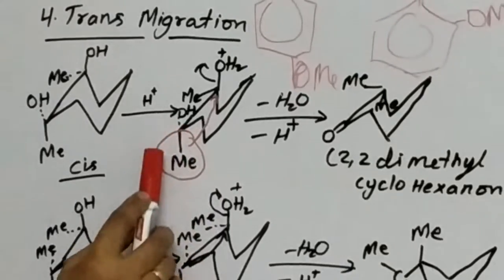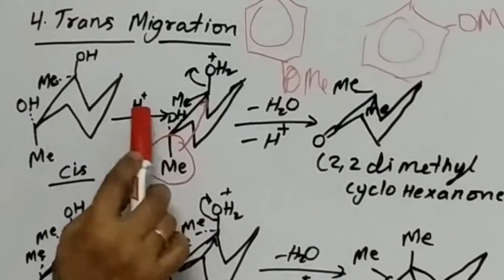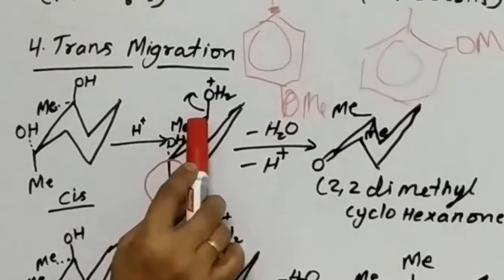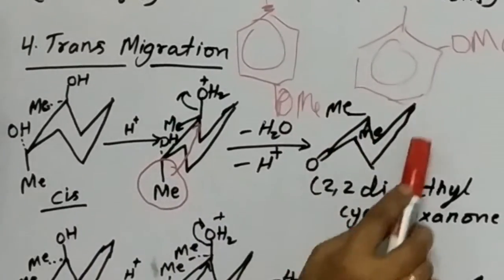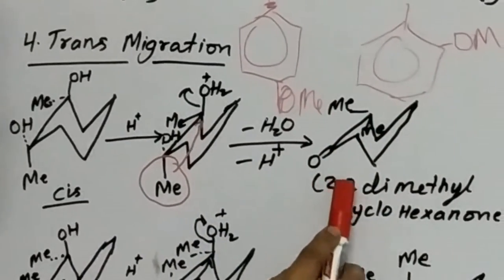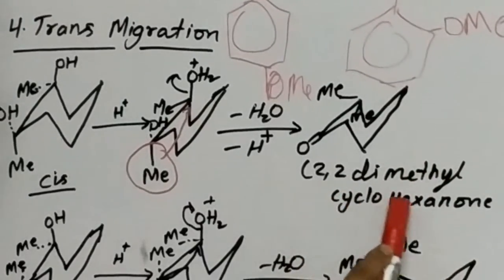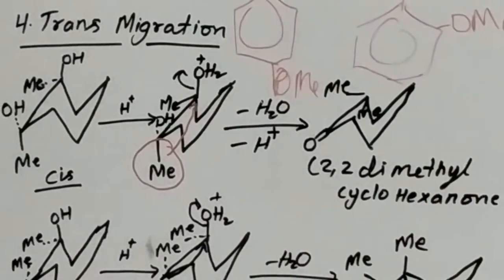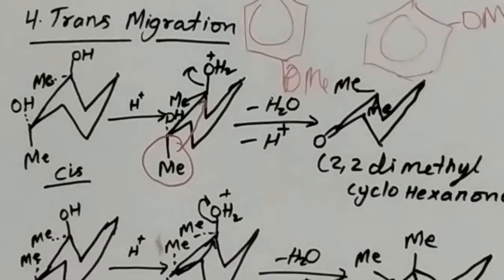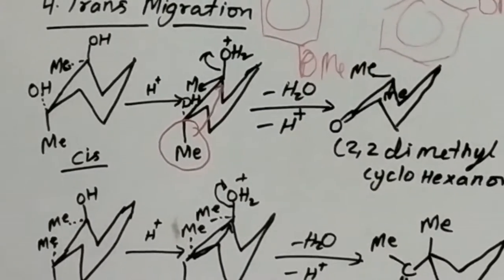From here, along with its electrons, it will migrate to this, and the product will finally be 2,2-dimethyl cyclohexanone.